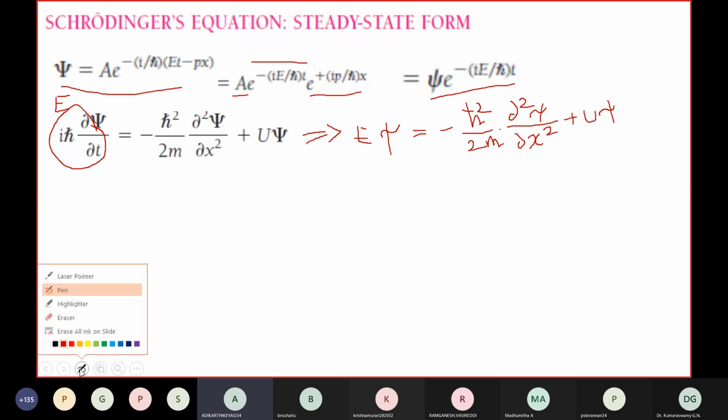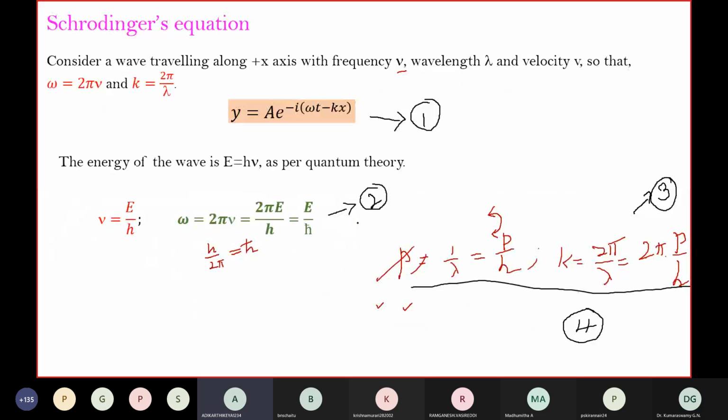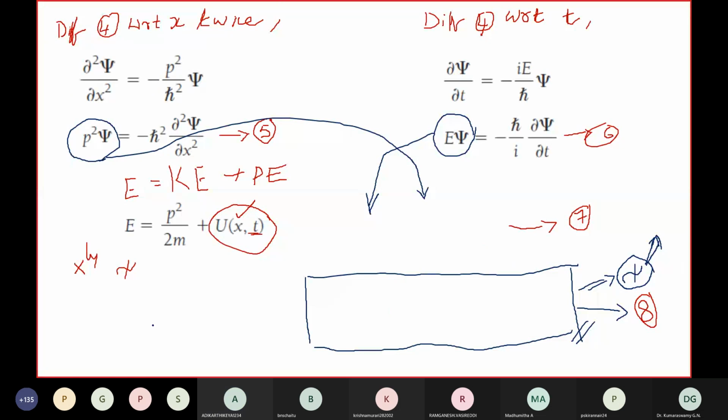Sir, once you show the E psi value in the previous slide, you check. You should be having, right? Did you take down? See here. Can you see this? Yes, sir, but here E psi is equal to, wait, minus h by i. Multiply and divide by i. What do you get?